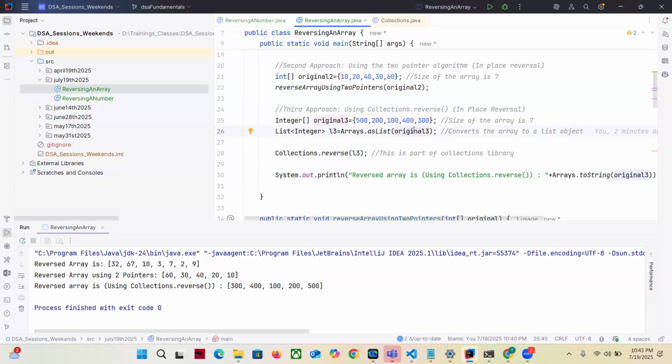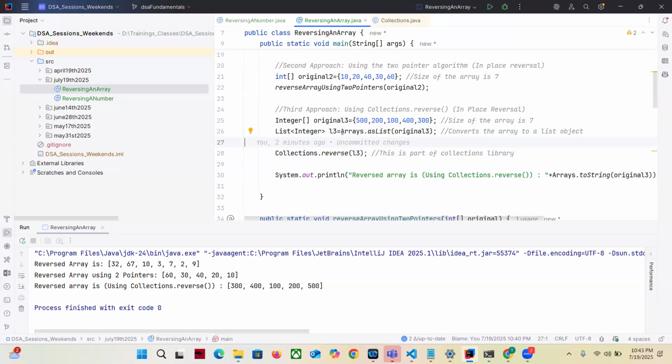Because 99.5% of people, whenever I ask them what Arrays.asList does, say it converts to a list object. Correct, great, but what happens next? No one will answer. The next question that we ask is whether whatever I do in L3 will impact the original 3. 99.5% of people say absolutely not. But it does.